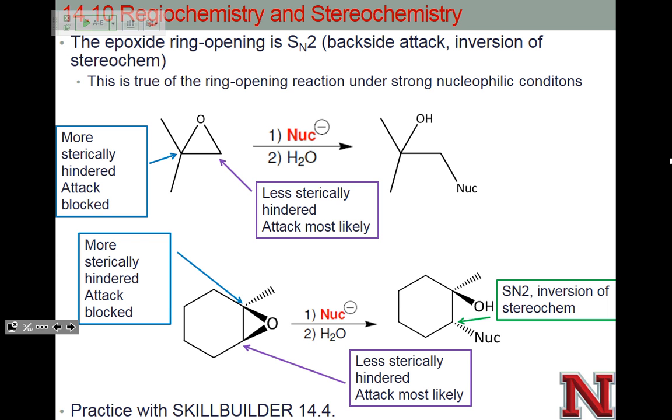But just like any SN2 reaction, the stereochemistry is inverted when we're talking about using a strong base. So using a strong nucleophile, typically those nucleophiles have that negative charge. That's talking about a Grignard, that's talking about a hydride, that's talking about an alkoxide, and also thiols. Those strong nucleophiles are going to attack the least sterically hindered position and give you the inversion of the stereochemistry.